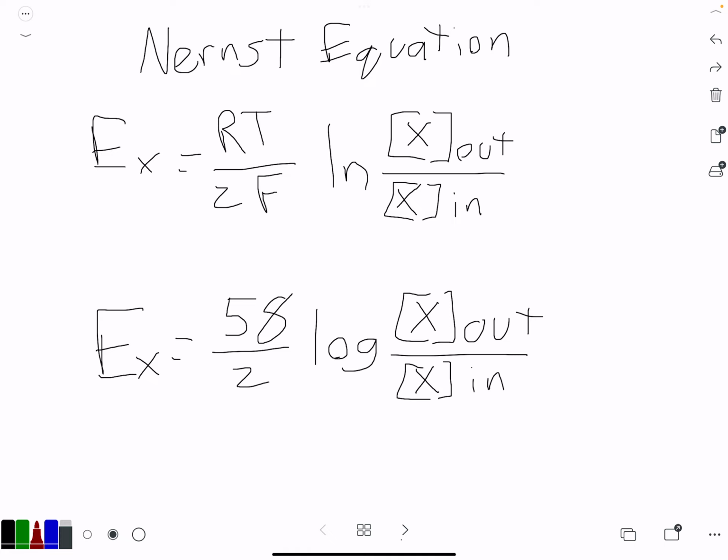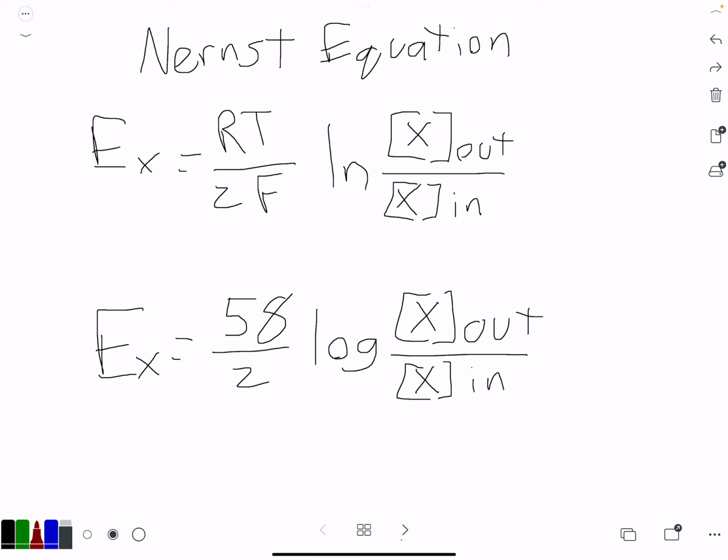As we went over in class, this top equation is listed in the book, and so is the bottom equation. These equations are equal to each other. If you're looking up equations online or trying to get answers online, you might run into a little bit of confusion because there are different versions of this equation.